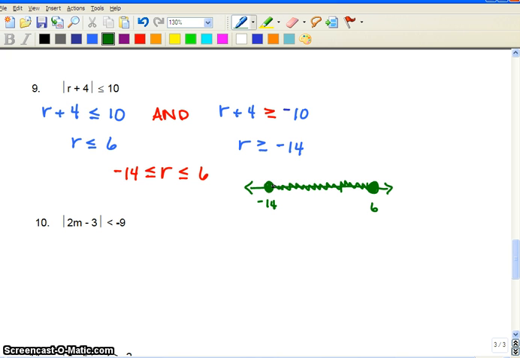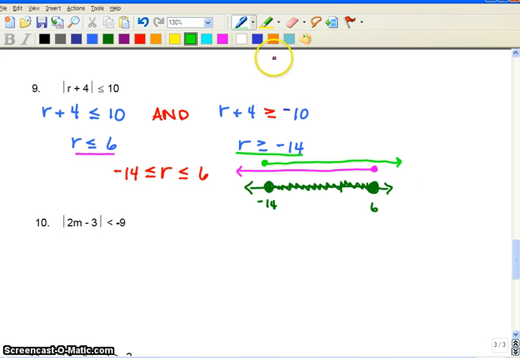Now some people like to do the graphing before this. If you do the graphing before this, you would have noticed if you did R is less than or equal to 6, you would have graphed this. And if you did R is greater than or equal to -14, you would have graphed this.